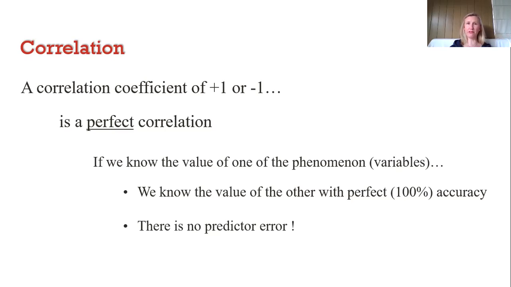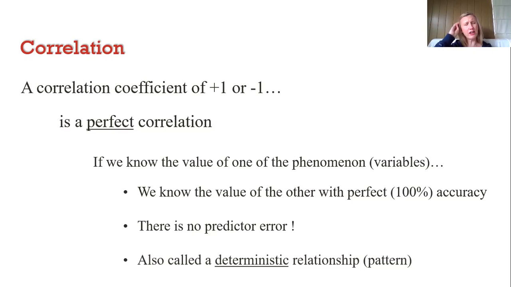So if every time I hit an 8 for variable A, I'm going to hit a 10 on variable B, that would be a perfect correlation. This is also called a deterministic relationship or a deterministic pattern. And that means 100% of the time, when A equals 8, B equals 10.